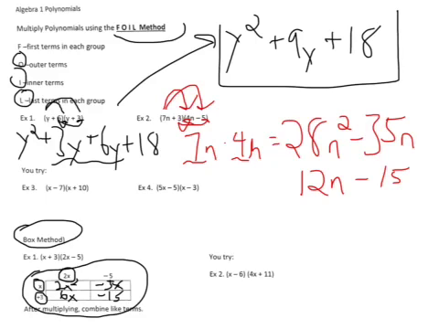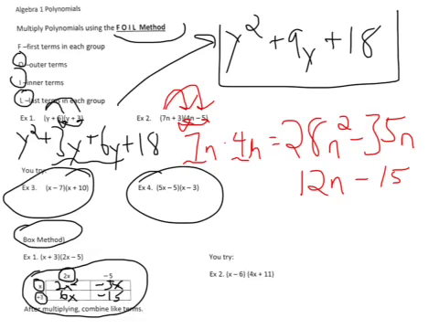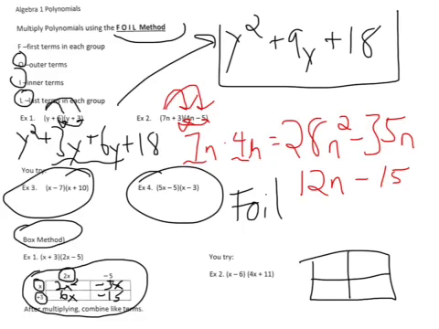Why don't you guys try the U-try, example 3, example 4, using the FOIL method, and then do the U-try, example 2, using the box method. And then once you're done, you go ahead and work in your groups.